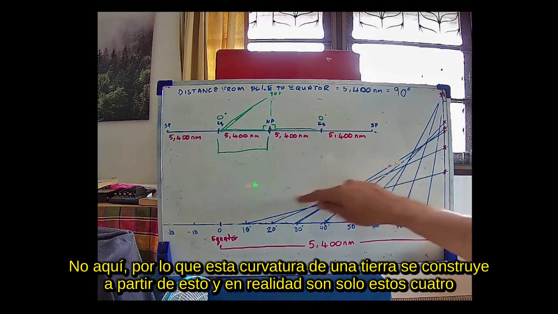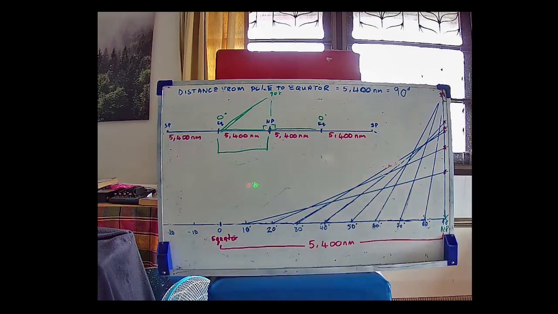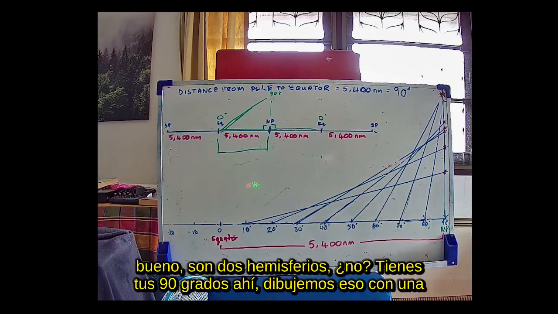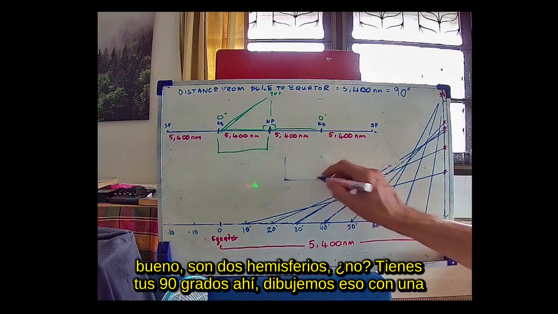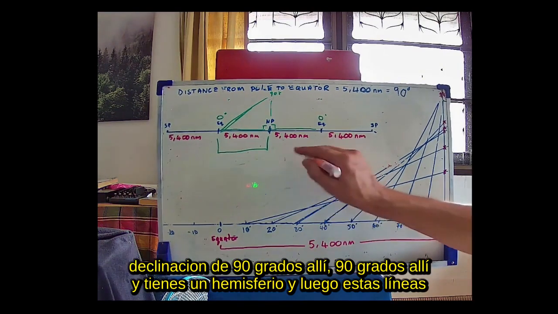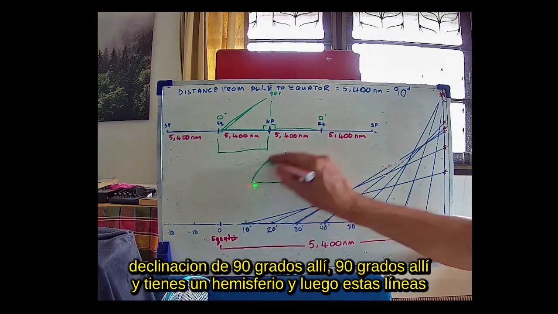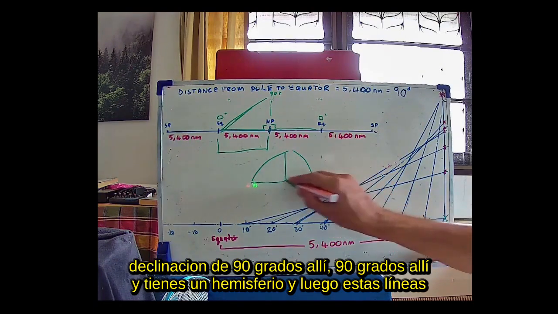So this curvature of an Earth is constructed from this, and it's really just these 4, well, it's 2 hemispheres, isn't it? You've got your 90 degrees there. You just draw that with a different one. 90 degrees there, 90 degrees there, and you have a hemisphere.